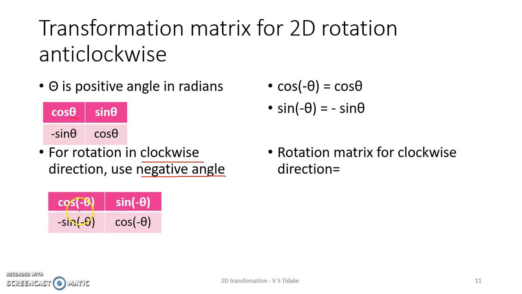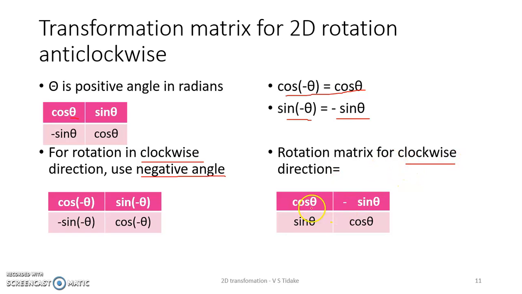So our rotation matrix will be cos minus theta, sin minus theta, minus sin minus theta and cos minus theta. You can simplify this matrix by replacing cos minus theta by cos theta and sin minus theta by minus sin theta. So the rotation matrix for clockwise direction is cos theta, minus sin theta, sin theta, cos theta.